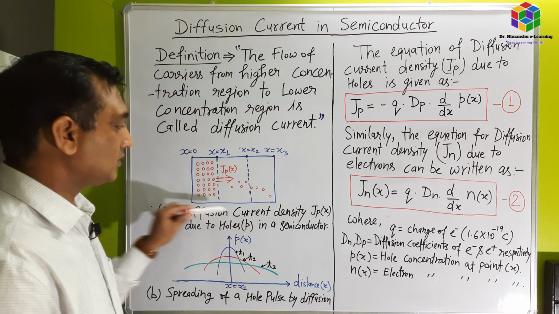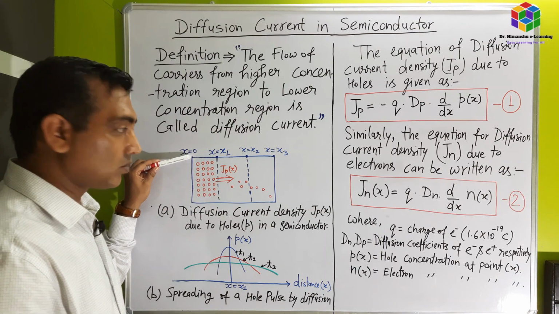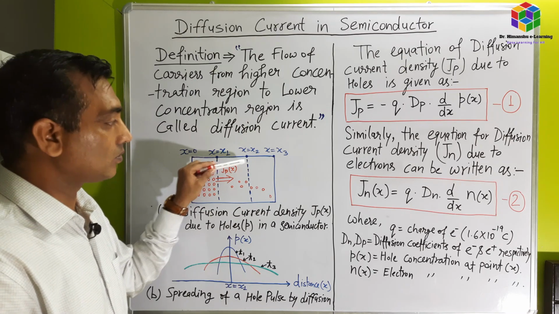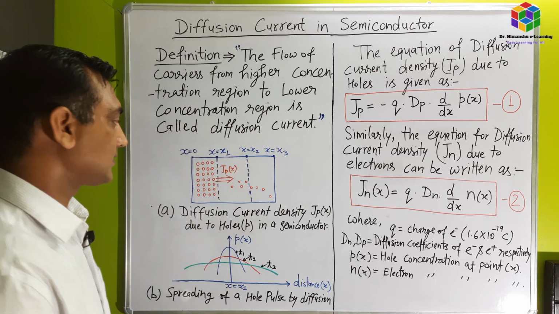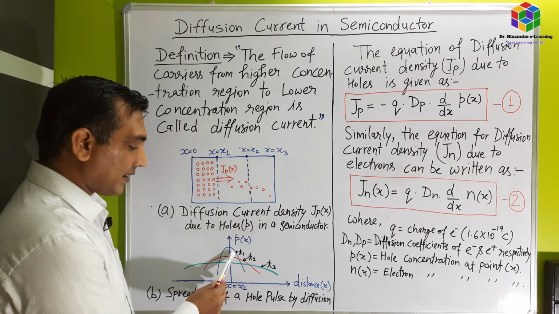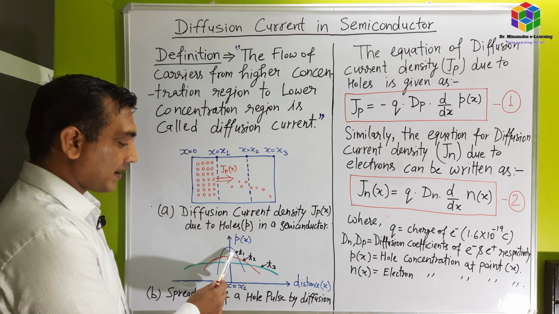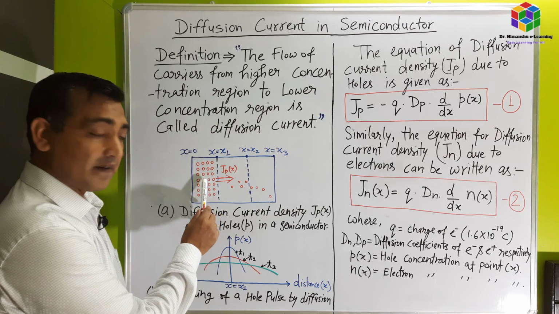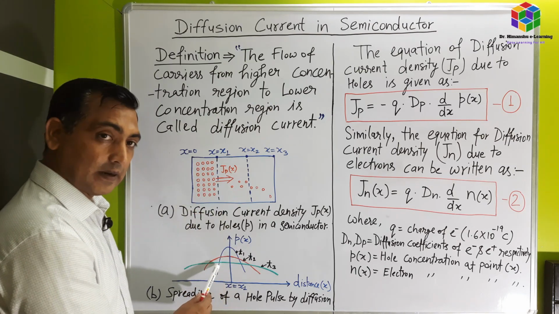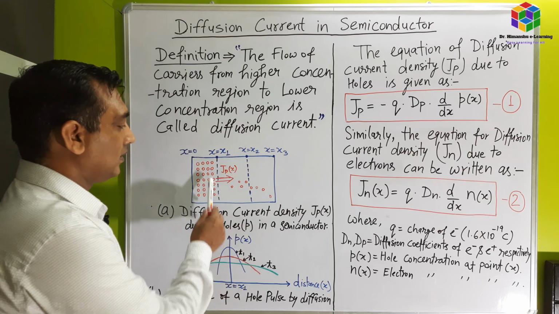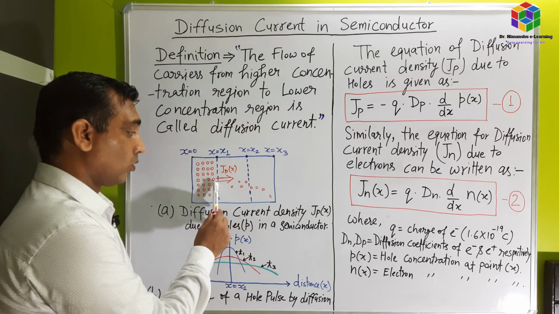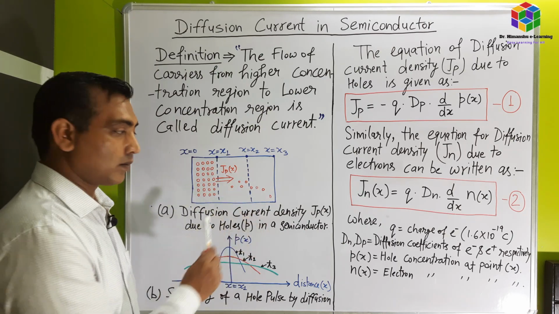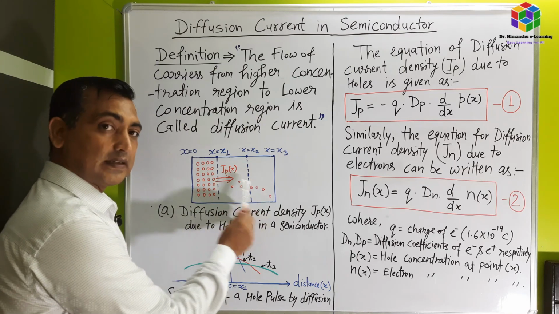Such type of current is known as diffusion current. Here you can see there is a piece of semiconductor. Here distance x is equal to 0. At this point distance x is equal to x1. At this point distance x is equal to x2. And at this point distance x is equal to x3. Now what will happen at time t1? According to the second diagram, at time instant t1, the concentration of holes p(x) has the highest value, represented by the blue curve. After a certain time, these high concentration holes will start flowing throughout the semiconductor due to the concentration gradient, that is because of differences in concentration.